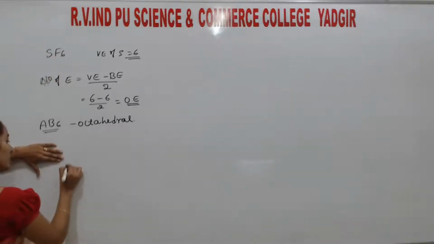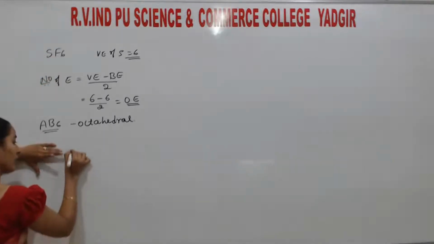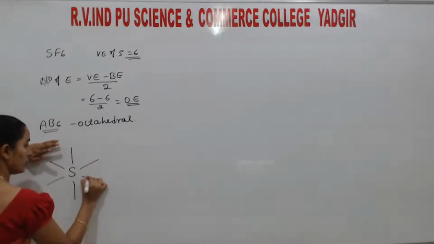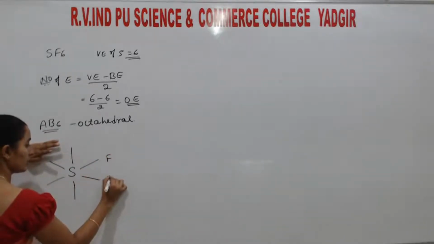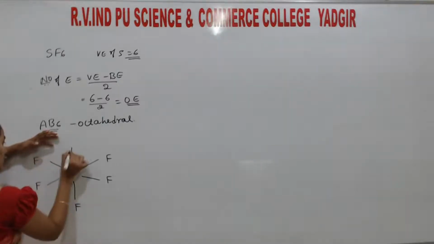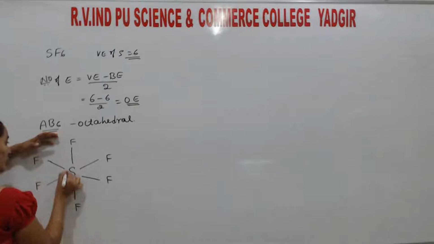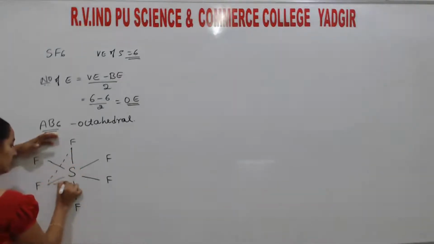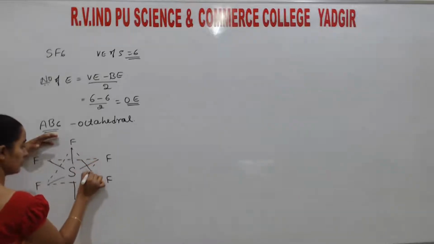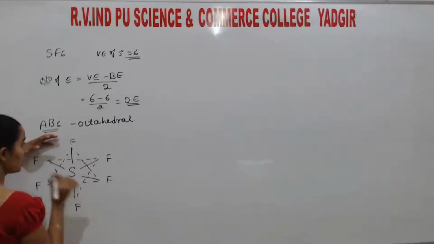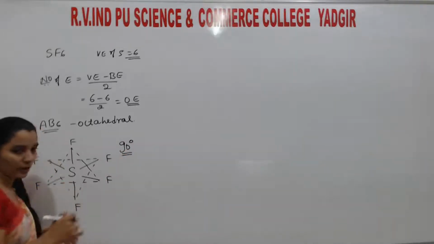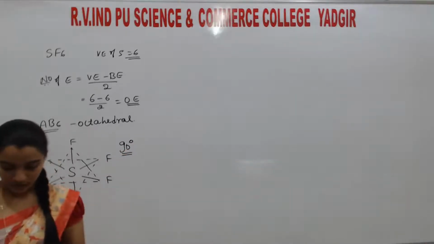How to write? Sulfur is here and the bonds are like this. So students, here the bond angle is 90 degree. All the bond angles are 90 degree.